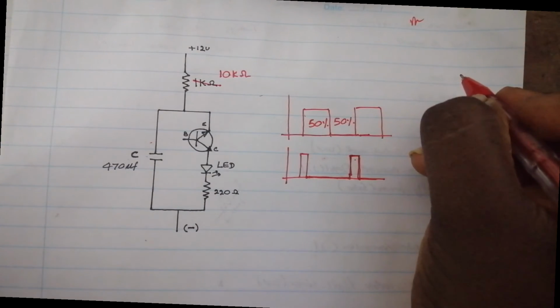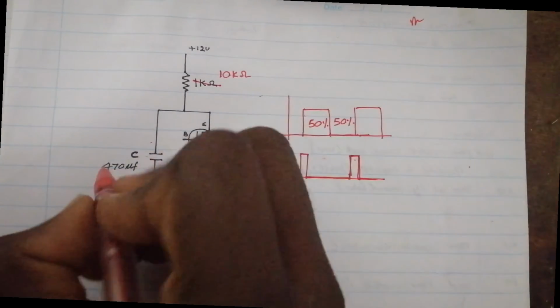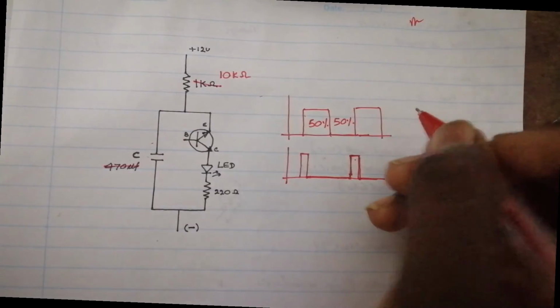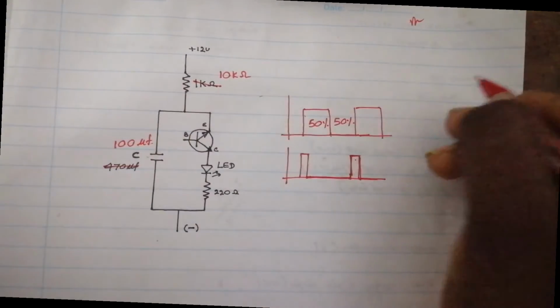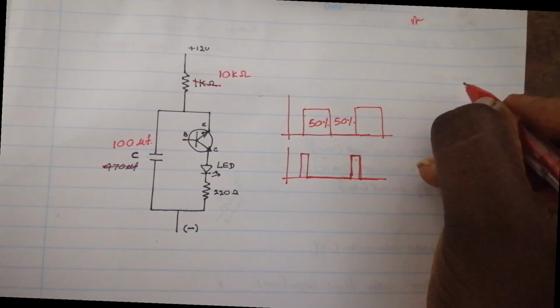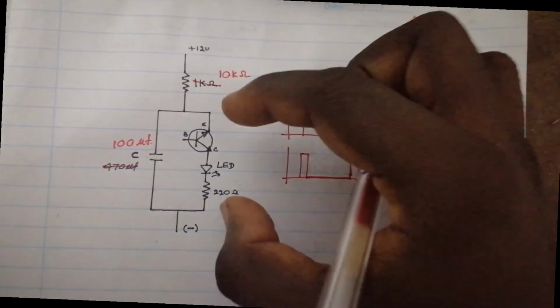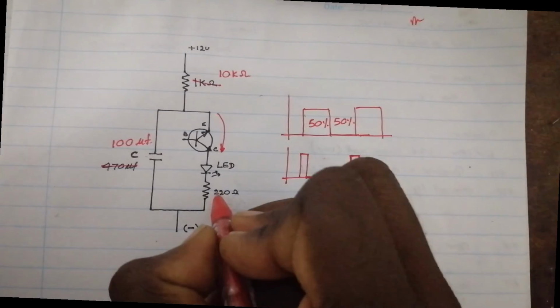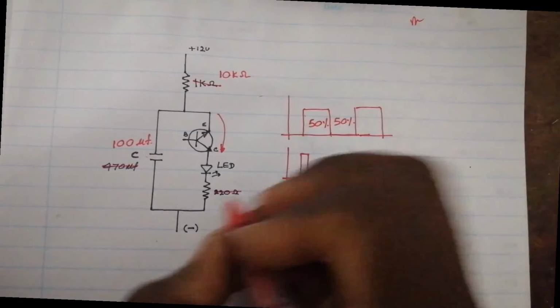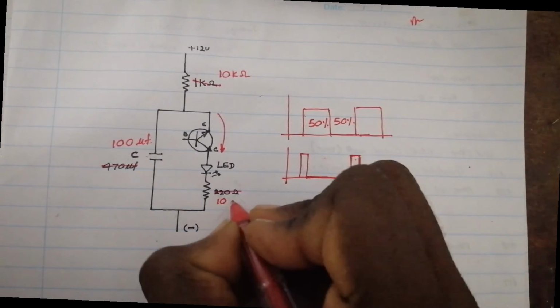At the same time, in order to make my circuit as small as possible, I change the capacitor value to 100 microfarad. In order to discharge the capacitor quicker through this channel, I make this resistive value 100 ohms.